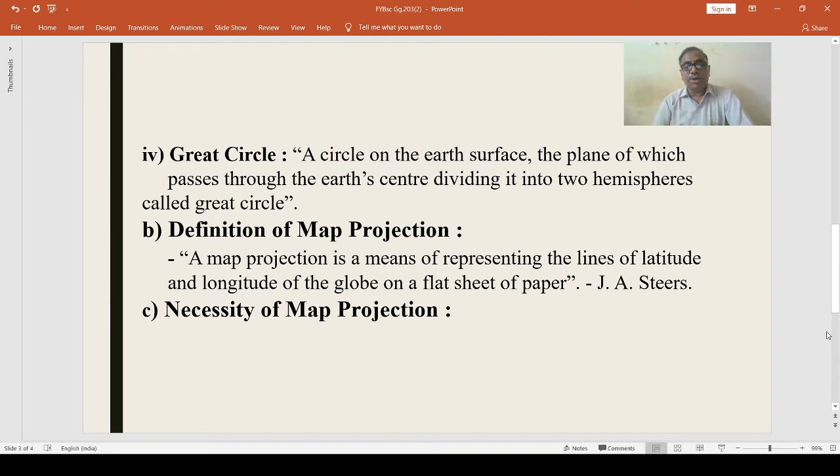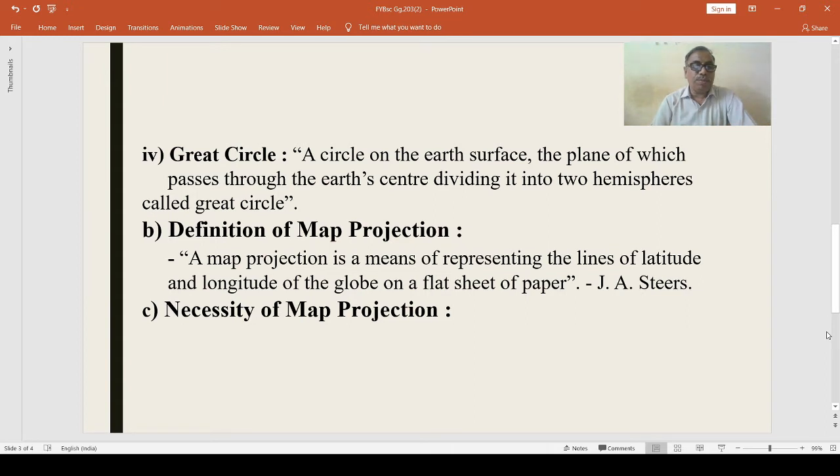The shortest distance between any two points on the earth's surface is the arc of the great circle that passes through them. Each meridian is half of a great circle.